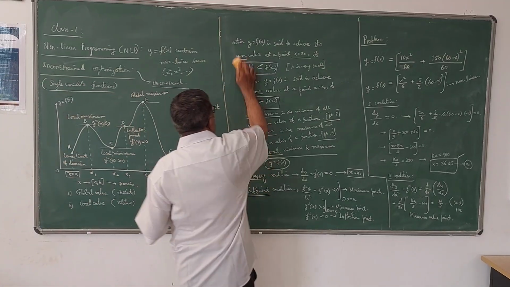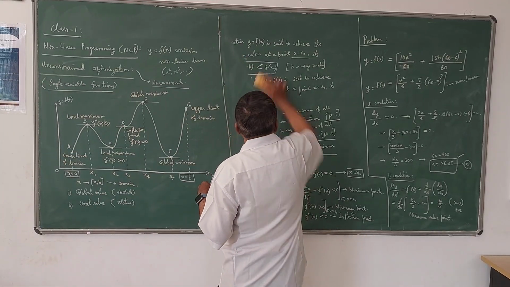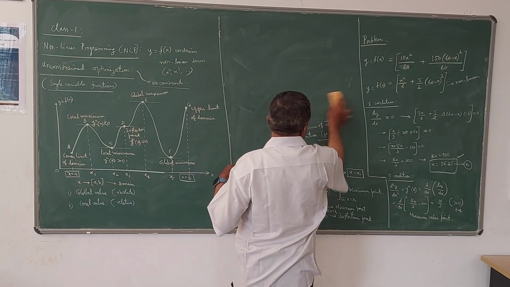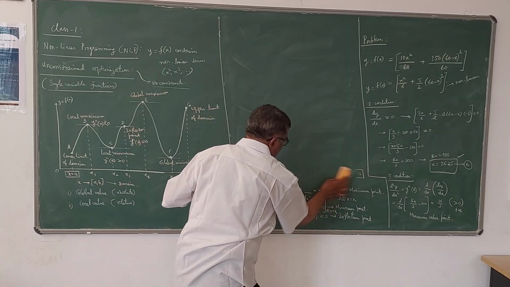So the minimum value of the function is found by putting x equal to 56.25 in that given function.